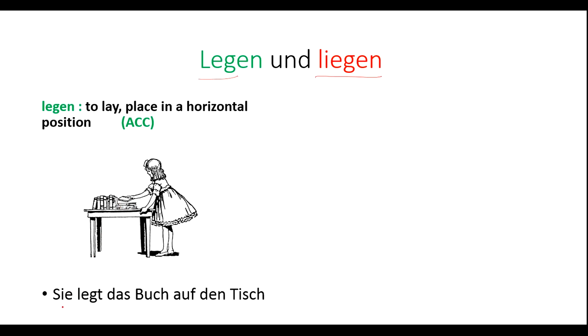If the action is happening: Sie legt das Buch auf den Tisch. She is putting this book on the table. This touching is auf den Tisch. Tisch is there, becoming den. There is an action, that's why we use the accusative, auf den.